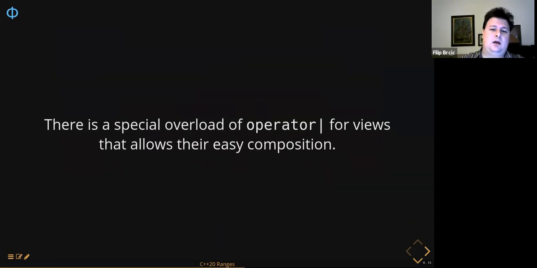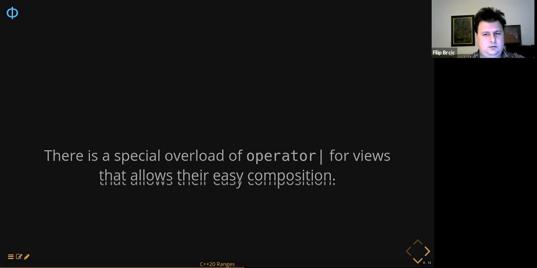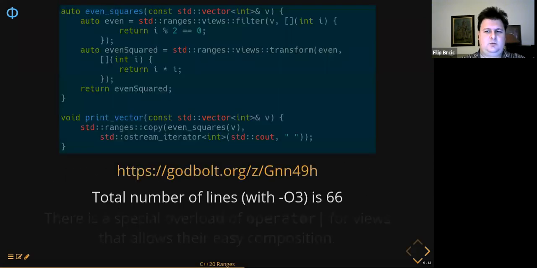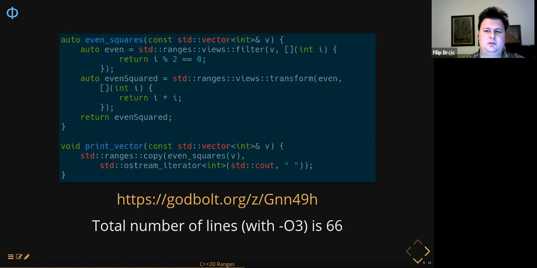And now in views, there's a special new operator which allows us to compose views, but not views that are initialized with all parameters, but views that are missing a parameter, the source range parameter.